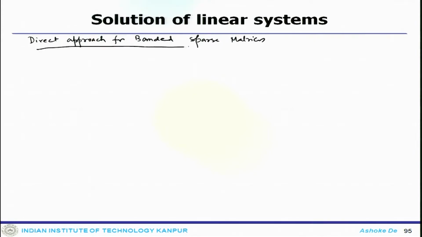This is a very specific case, because what we have discussed so far is a more generic approach, irrespective of the property of A, where we did the Gauss elimination or the LU factorization. When you say banded sparse matrices, that means the matrix A could look like some sort of a band like that or like that, so the solvers which can be used for this case cannot be generalized for the elimination process.